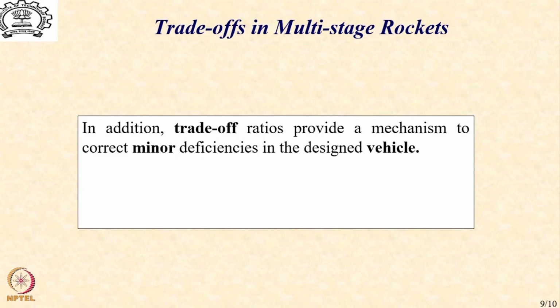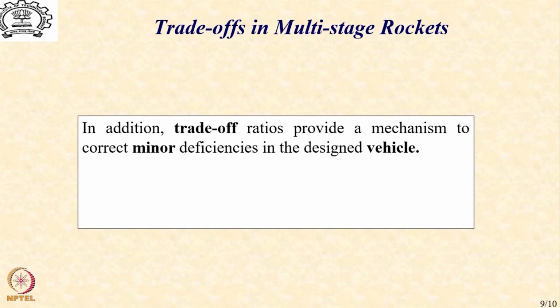Now, as we will see in some context, a small change in the burnout performance can significantly affect the spacecraft mission performance, so it may be desirable to correct this small deficiency at the design stage itself before a mission is executed.